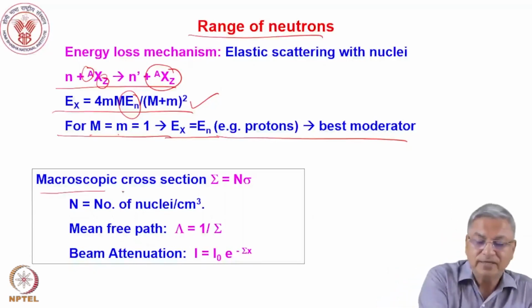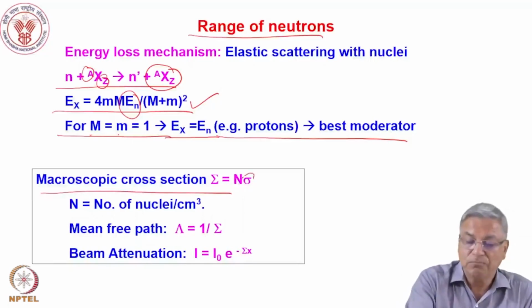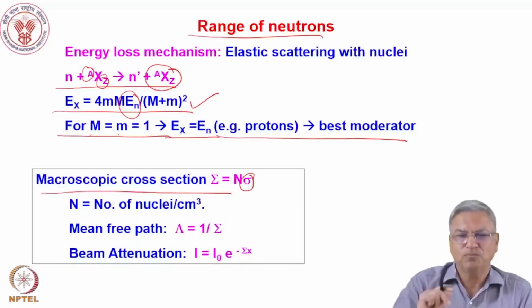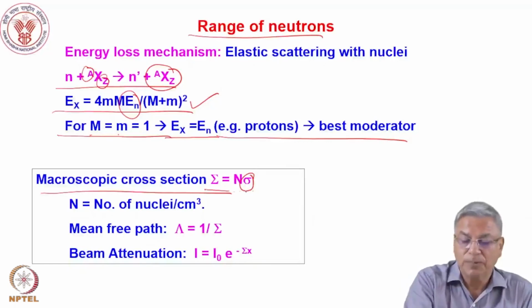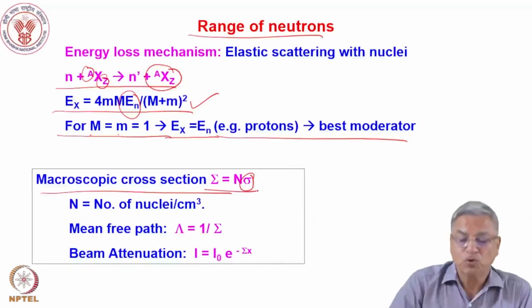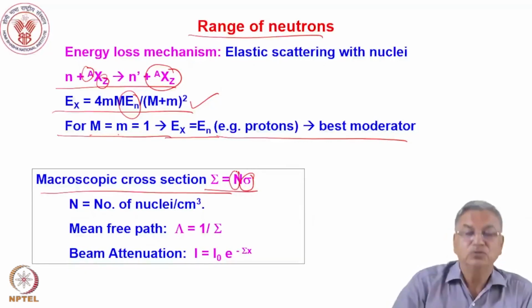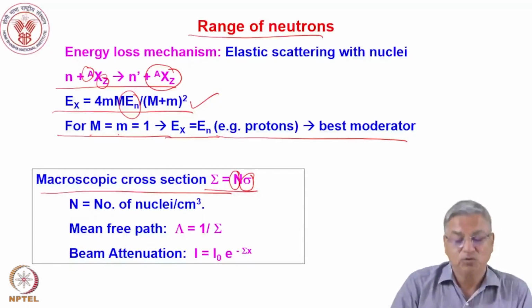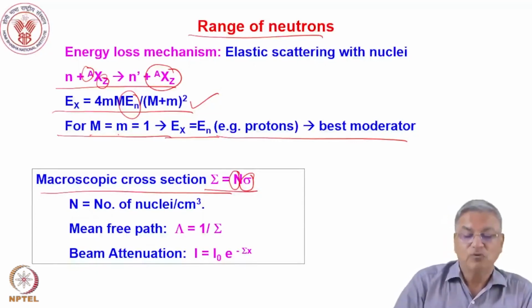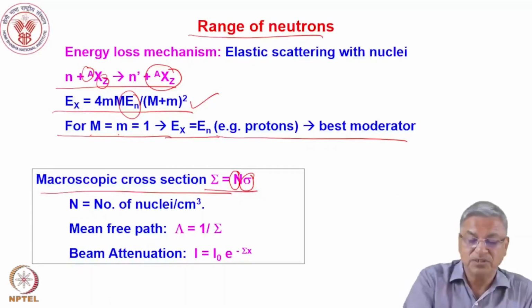Now, finally, the cross sections. This is called the microscopic cross section. When a neutron is interacting with the nucleus, we call the cross section sigma. But when a neutron beam is passing through a material, we call it capital sigma. It's called macroscopic, where N is the nuclear density, the number of nuclei per cc, or number of atoms per cc in the material.